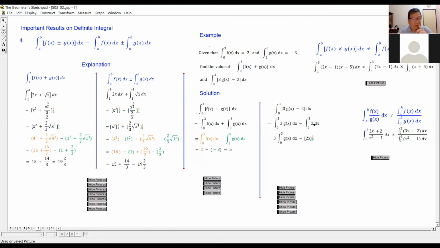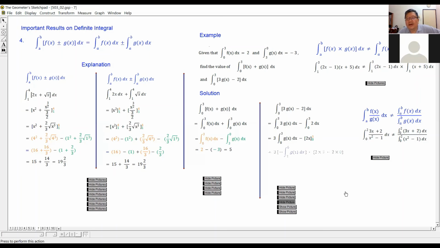Remember this result when we did integration. Integrate 2 is 2x. The same thing, I need to substitute in 0 and 3 according to the upper and lower limit. Is this okay?